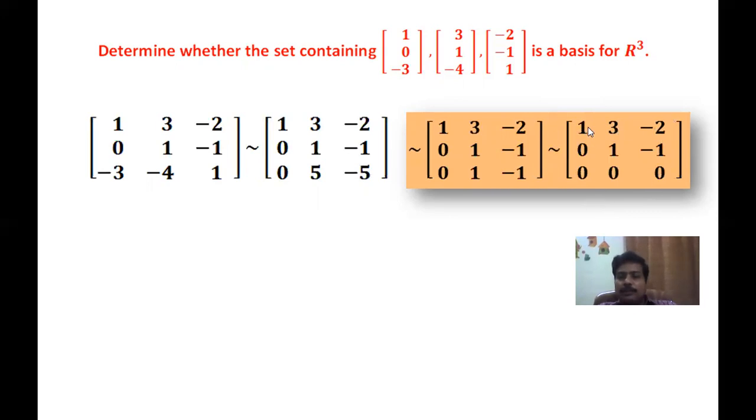So this is a pivot position, and all the entries below this pivot position are zeros. And to the right, this is another pivot position, and the entries below it are 0, and there is no third pivot position. So there are only two pivot positions, so there are only two pivot columns in this matrix.